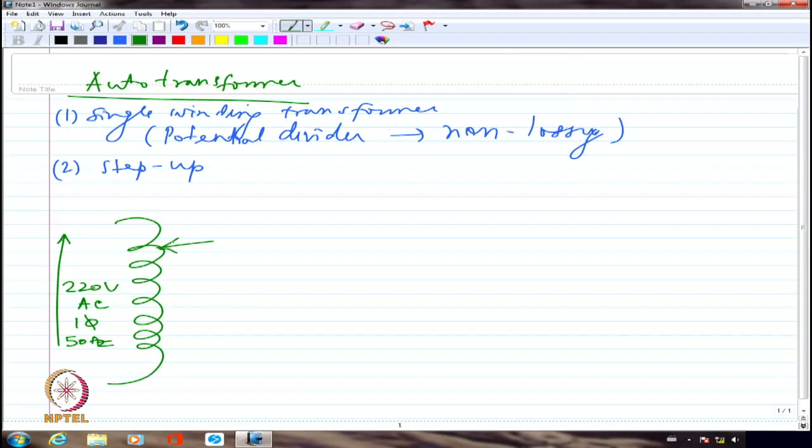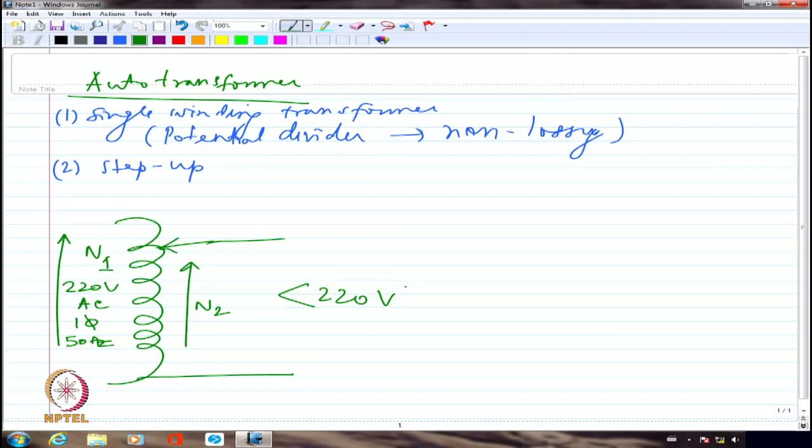So if I call this complete number of turns N1 and I have this as N2, the number of turns as N2, what I get as the output will be slightly less than 220 volts.